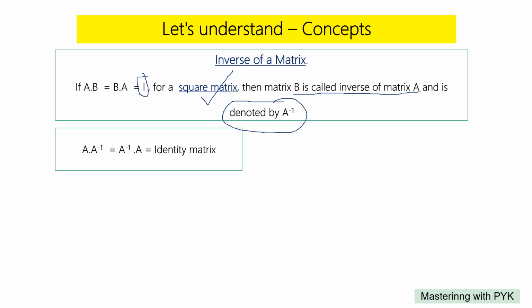So A multiplied by A inverse is the same as A inverse dot A, which is equal to an identity matrix of the same order.